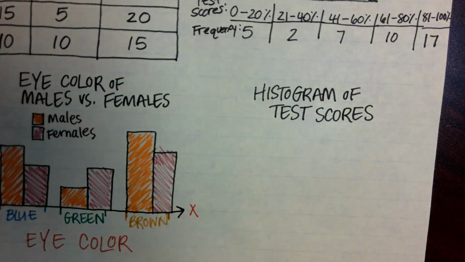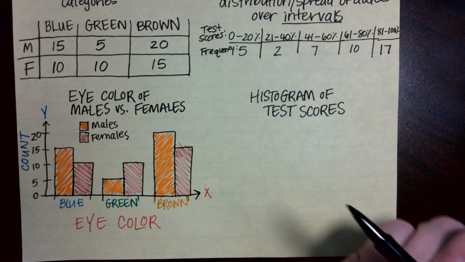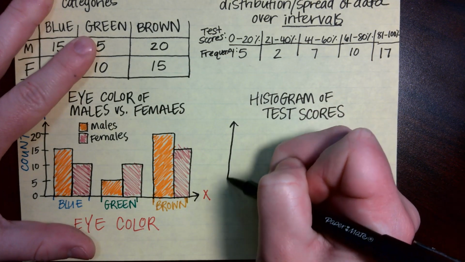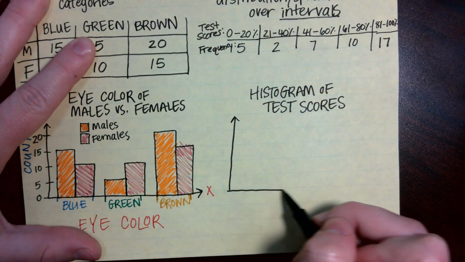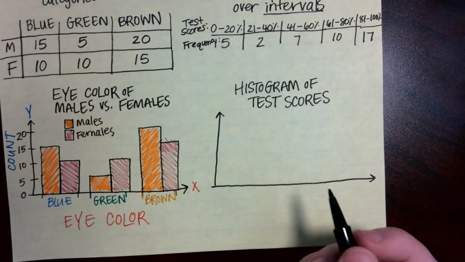Okay, and same as the bar graph, we're going to create an X and a Y axis. And give yourself room. I didn't give myself very much.